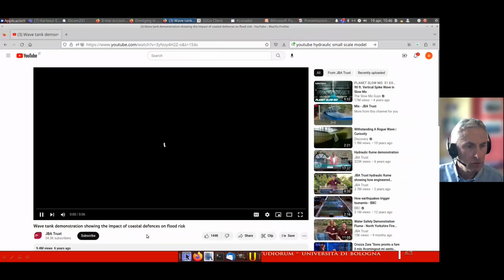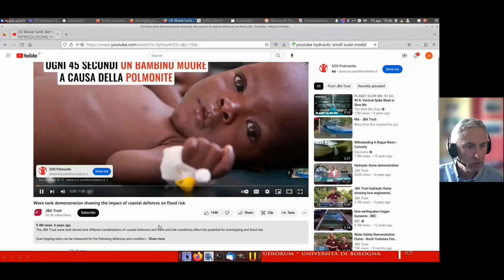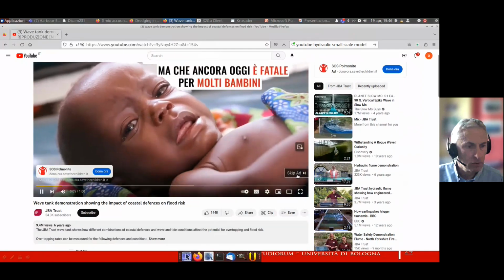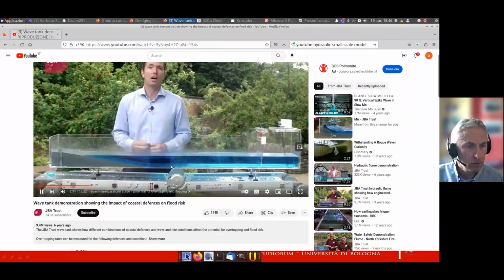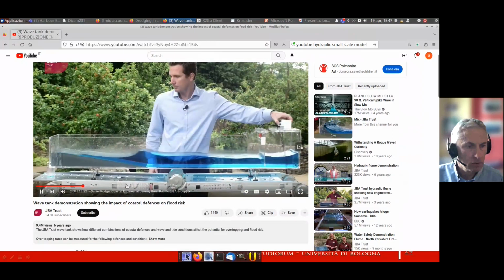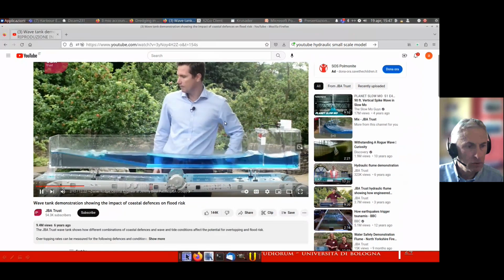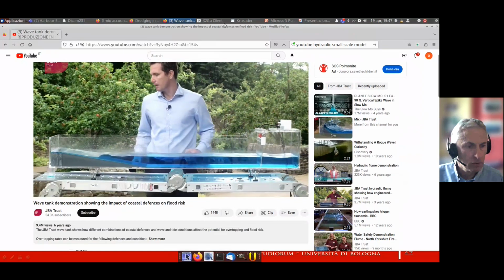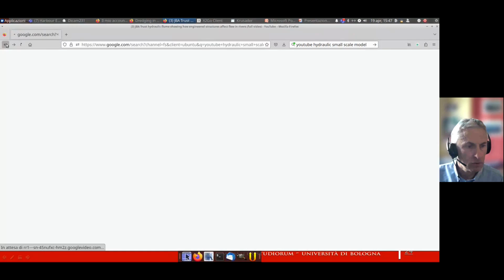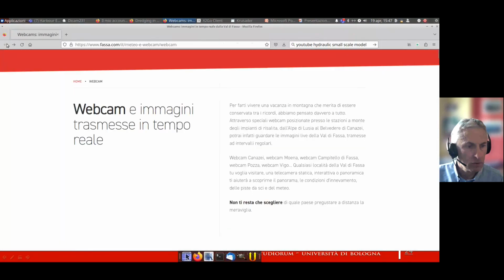Wave tank demonstration is more significant for our specific case. Just one second. We wait. Okay. And let me just move forward. You see, this is an example of a hydraulic model. Okay. I think we can go back here and just one second.